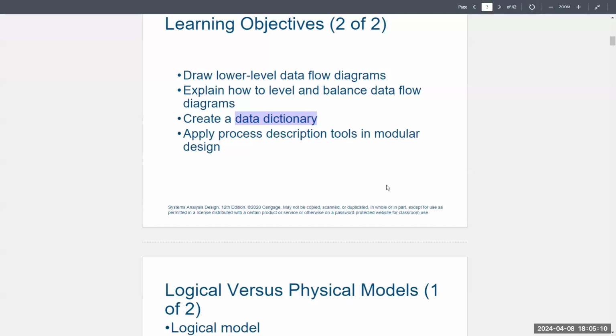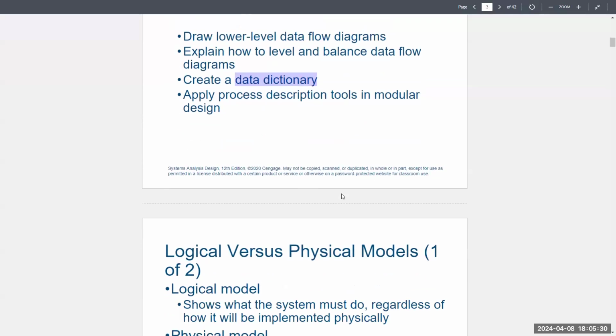So what is a data dictionary? Talked about that a little bit maybe in our chapter on database design. That was part of ITM 5000 if you've taken it, but if not, we're going to talk more about that in this chapter as well as data design too.